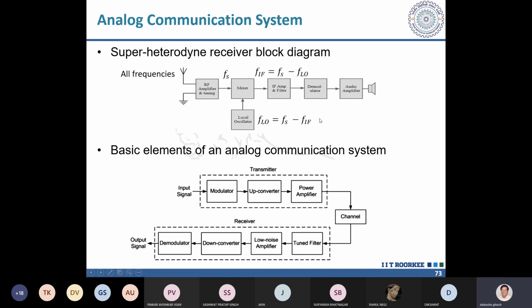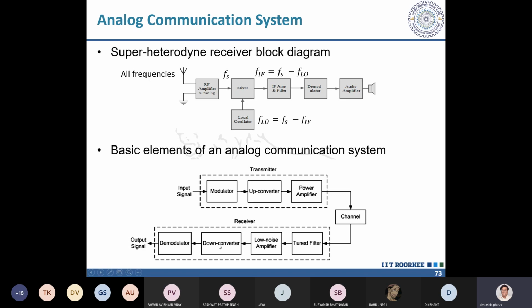Finally, based on whatever we have studied till now, an analog communication system can be briefly shown by this block diagram. I have the input signal, do the modulation, then I do up conversion. Why is this up conversion? Because at the receiver I am doing down conversion, this FS to FIF is the down conversion. So on the transmitting side I have to do the reverse, the up conversion.